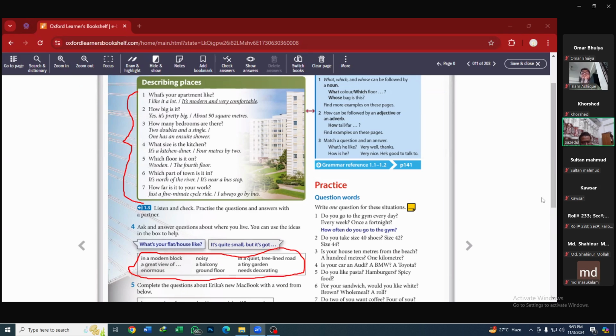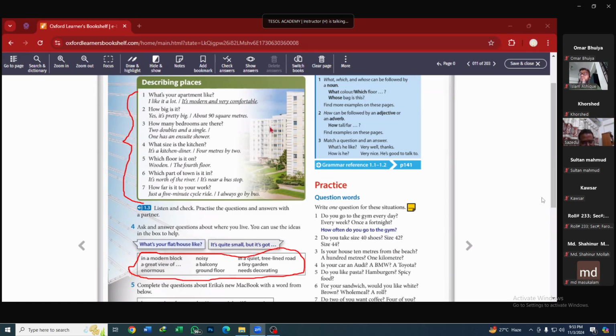It's a medium size and it has a great view. Okay, so it has a great view. Very good. How big is it? It's around 1100 square feet. Great.